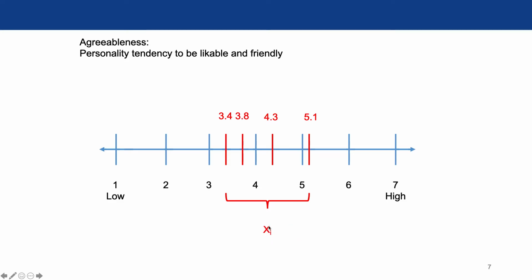So x is a list, right? Or in our R terminology, it's a vector. So x has 3.4 as a value, 3.8 as a value, then 4.3, then 5.1. All these values in a row for different people. And the i says, look at each individual in your variable x.